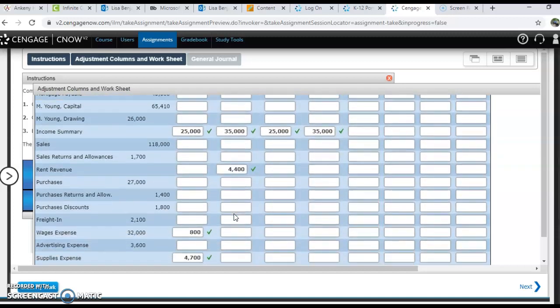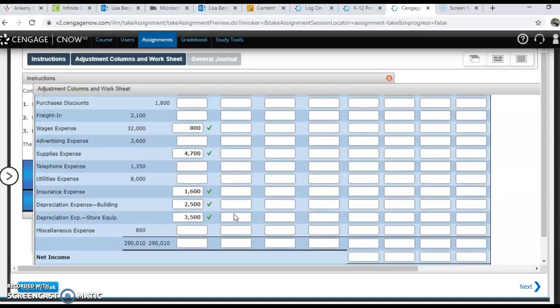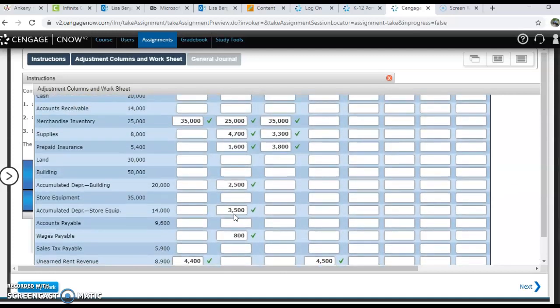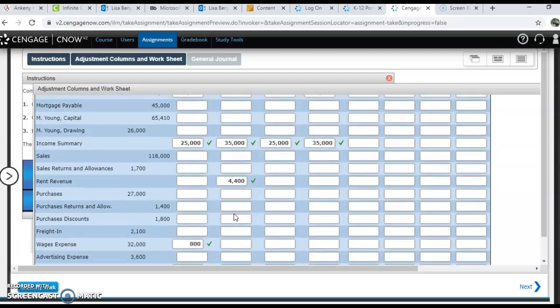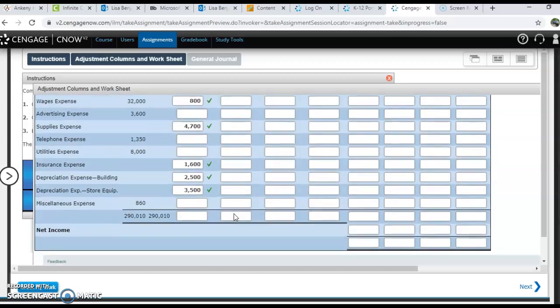So what I need to do is add up all my debits and my credits in my adjustment columns. So I start with my $35,000, and I'm going to add $25,000 and $800, $4,700, $1,600, $2,500 plus $3,500.